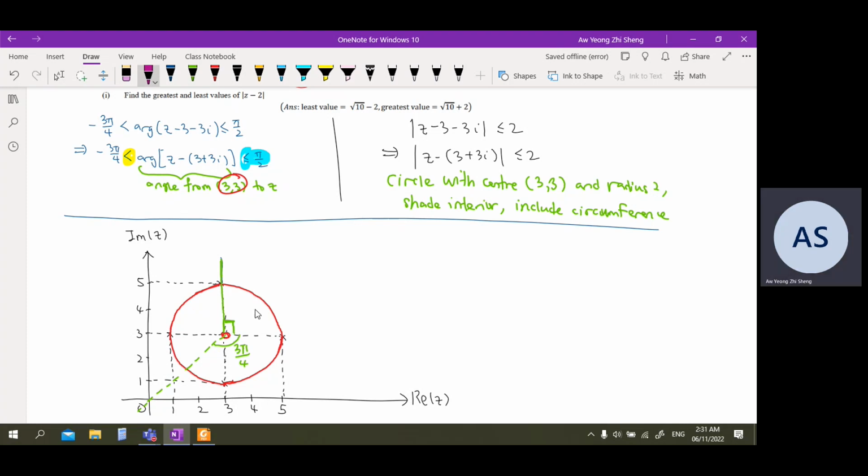the region at the interior of the circle because we'll have to satisfy the second inequality.